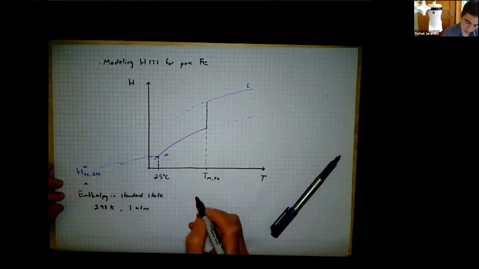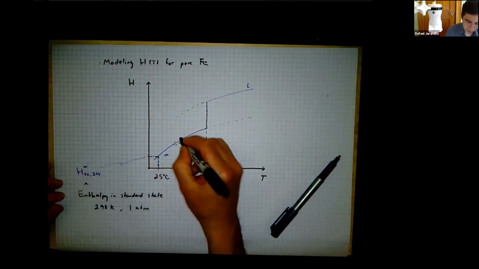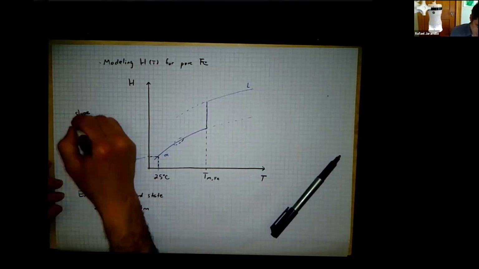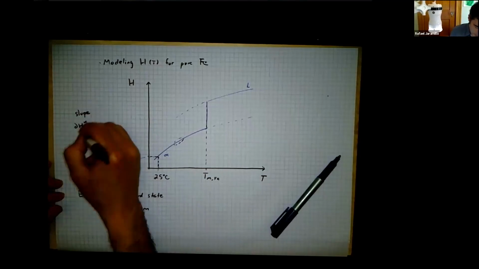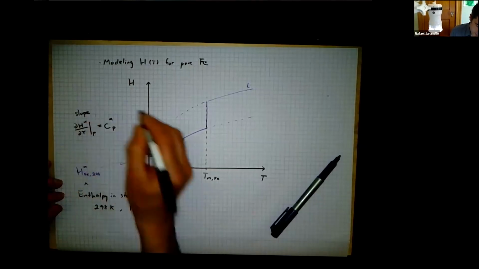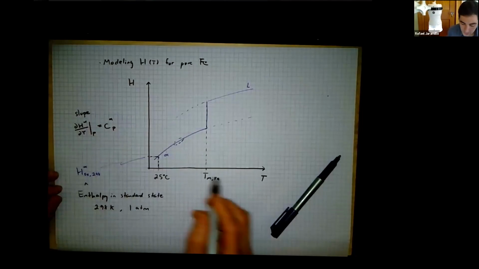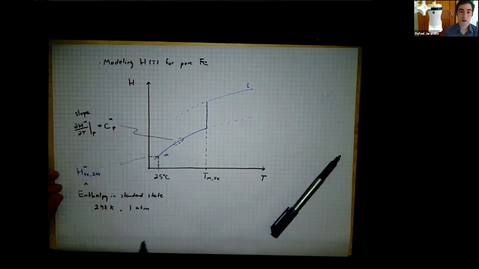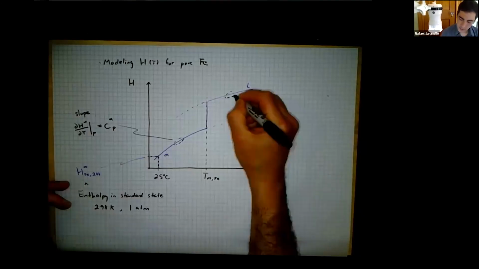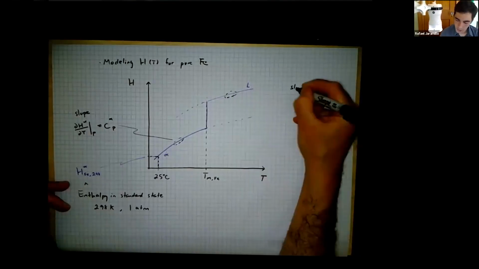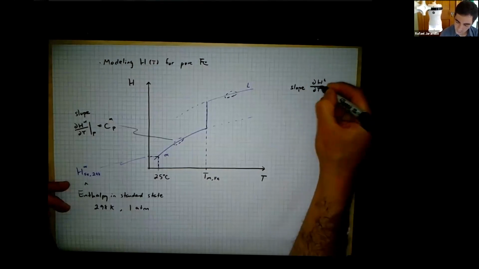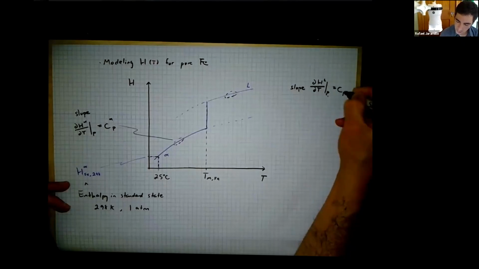What about the slope? The slope of this curve, dH alpha dT at fixed pressure equals the heat capacity of the alpha phase, which is, of course, temperature dependent in general. That's the slope. Likewise, the slope up here, right? Slope dH liquid dT at fixed pressure equals the heat capacity in the liquid phase.